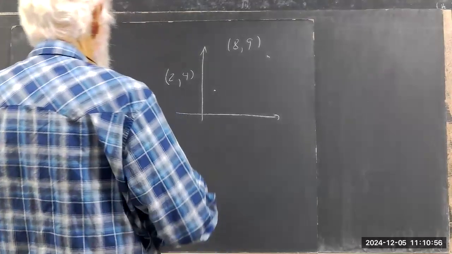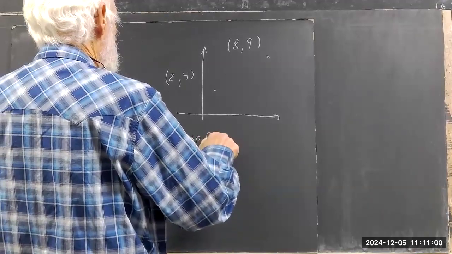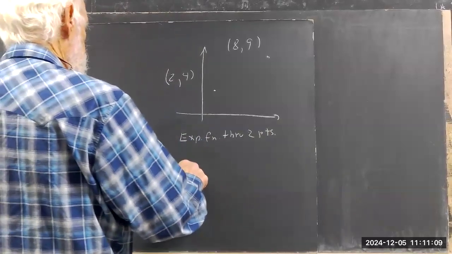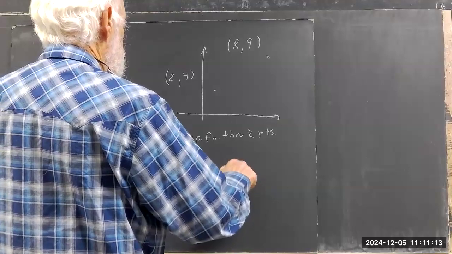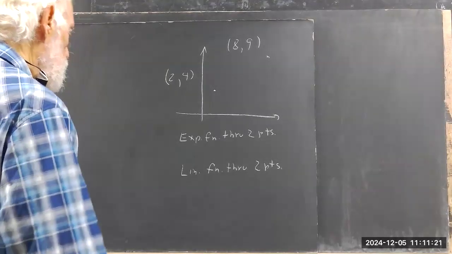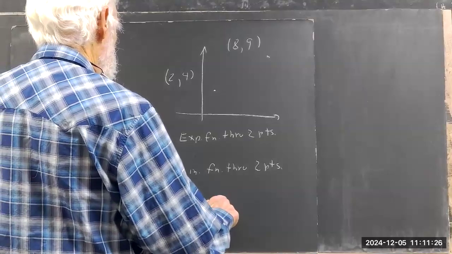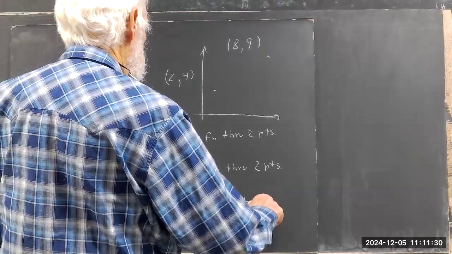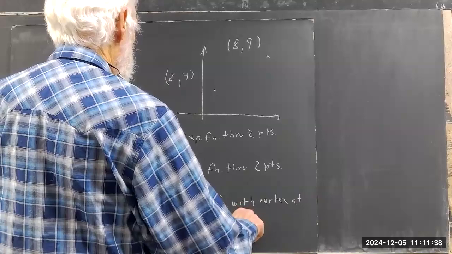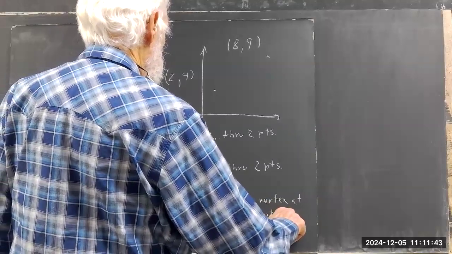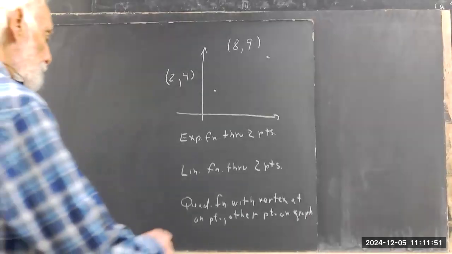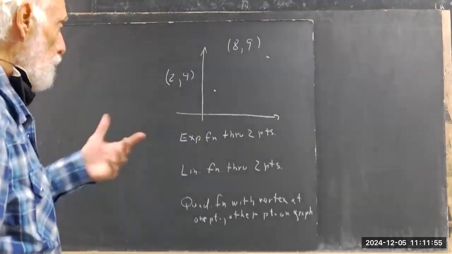I could find an exponential function through the 2 points, I could find a linear function, I could even find a quadratic function with the vertex at one point and the other point on the graph.